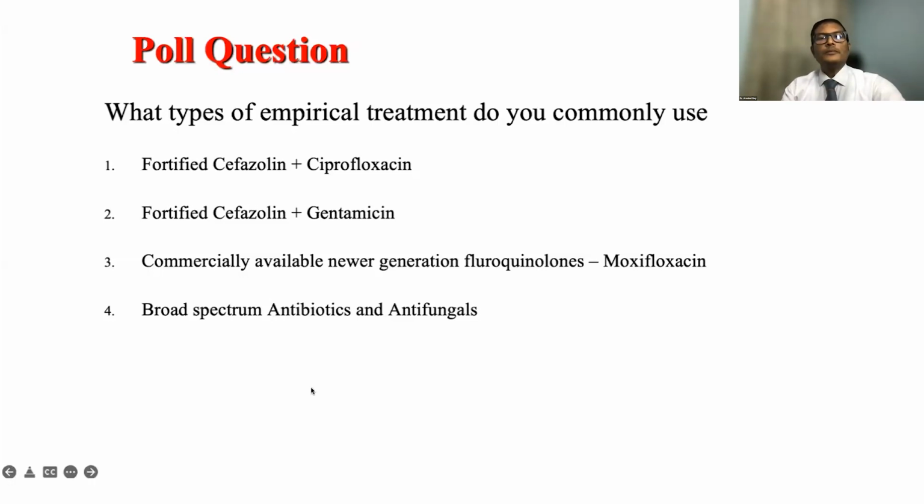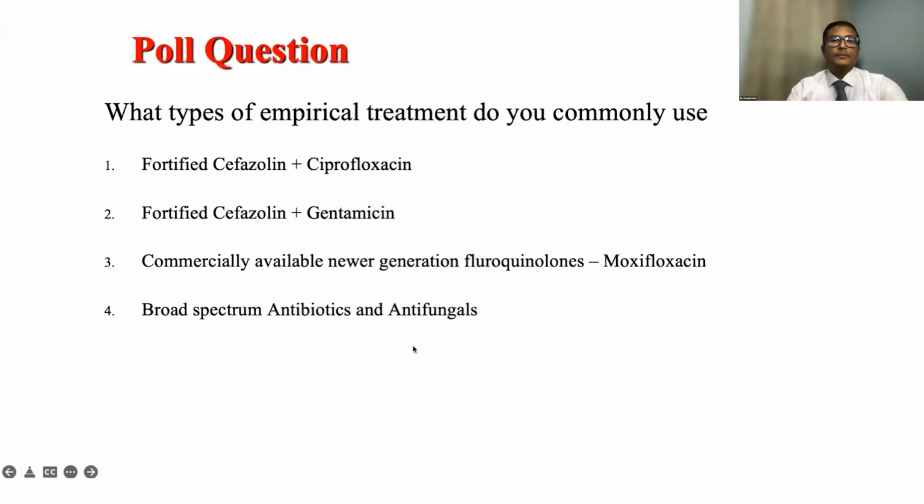So the majority seem to use commercially available newer generation fluoroquinolones, as you can see on the screen. So yes, there are merits of doing that because they are easily available, and in many countries it's also available over the counter, especially in Southeast Asia.